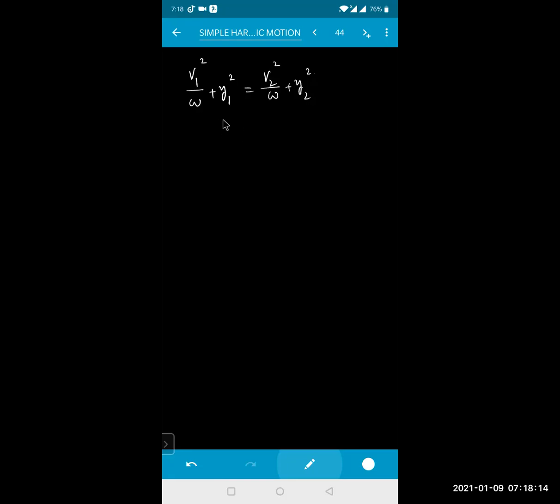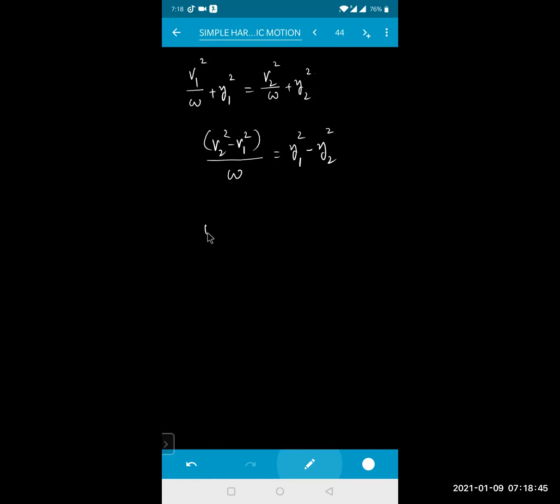Okay, so if I take all the v terms on one side, this will become v2 square minus v1 square divided by omega square, that is equal to y1 square minus y2 square, isn't it? If I take this positive term here, it will become negative. So y1 square minus y2 square is equal to v2 square minus v1 square divided by omega square.